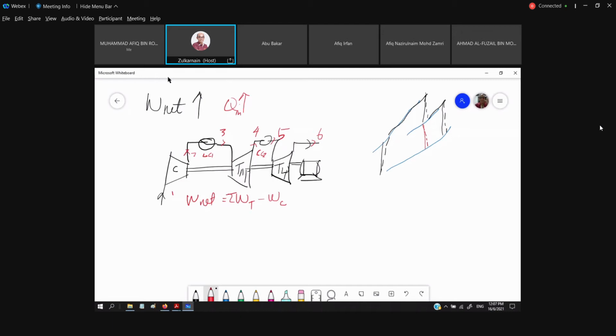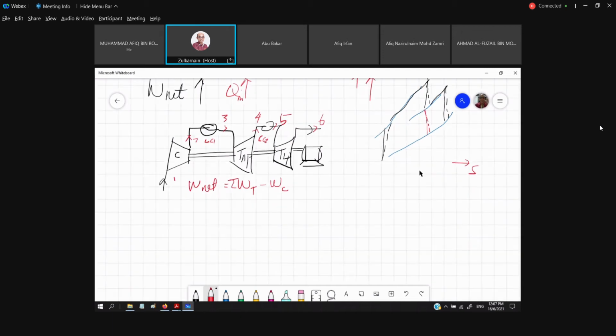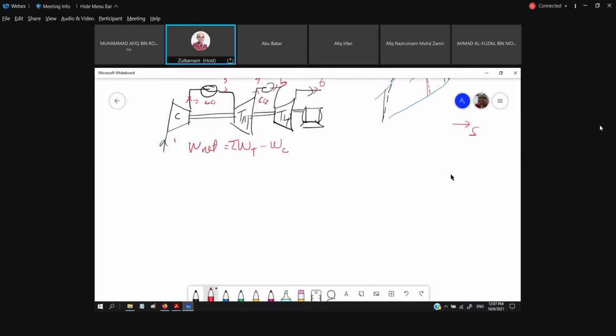And then we could have the same reheat process, but the arrangement is different. But as far as the TS diagram is concerned, it's still the same. We could arrange our plant having two shafts.